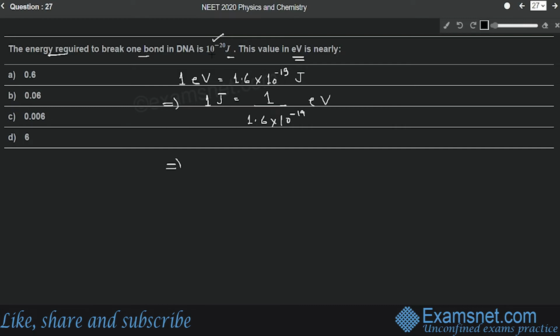So we need the value of 10 to the power minus 20 joule in electron volt. So 10 to the power minus 20 joule will be equal to 10 to the power minus 20 by 1.6 into 10 to the power minus 19 electron volt. Okay, so here on solving this we'll get 0.06 electron volt. That means option B will be the correct answer.